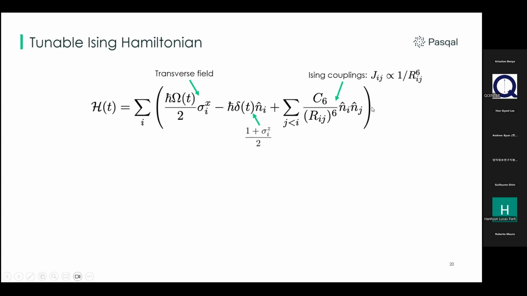For the laser pulses, as I mentioned, for the amplitude, you need to think of it as a source term, so with a positive coefficient in the Hamiltonian. The detuning parameter is the sink term. It's with a negative coefficient.